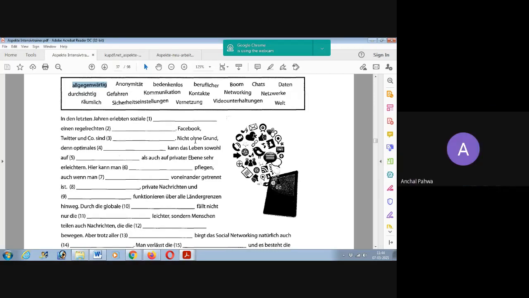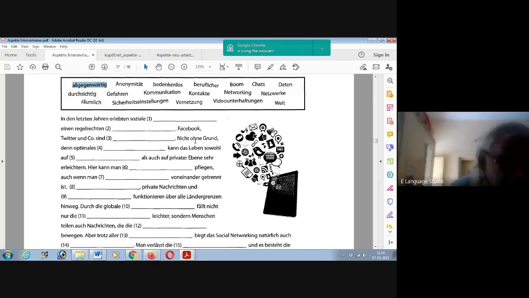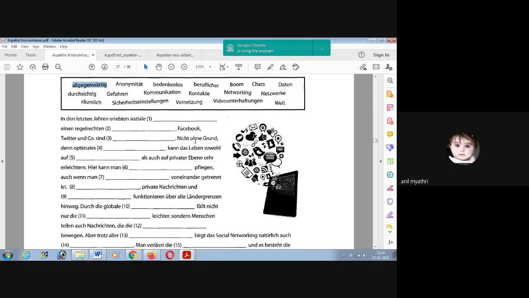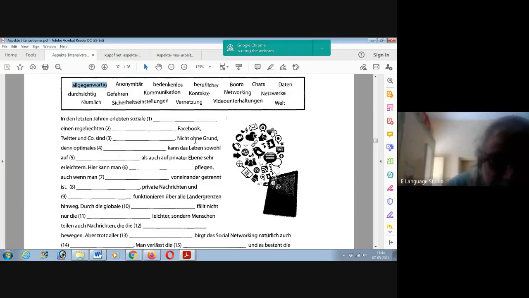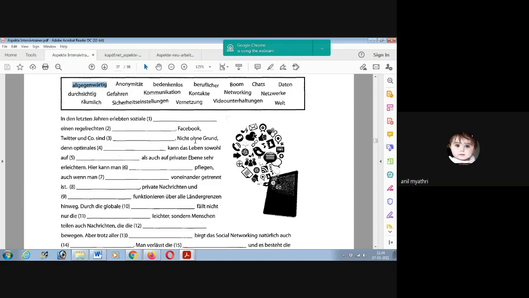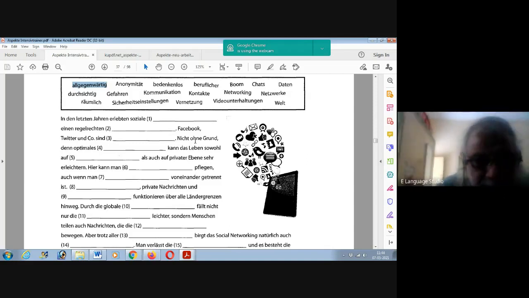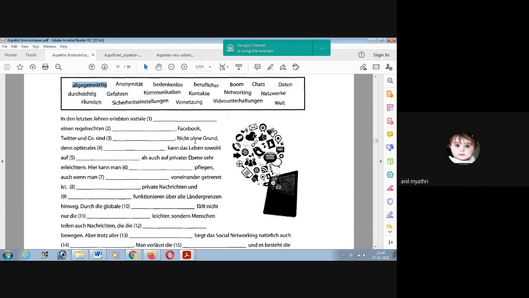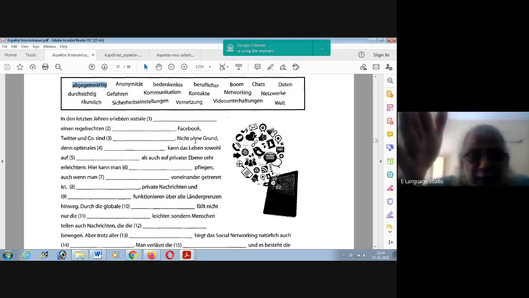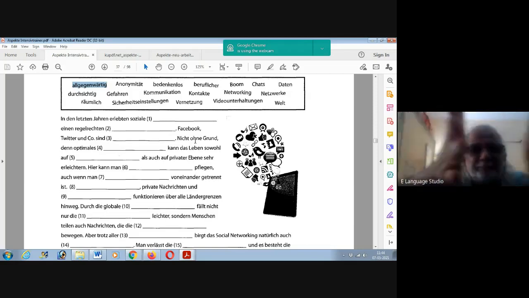If you put Kontakte, superb. So you can maintain contact or contacts. Hier kann man Kontakte pflegen, auch wenn man voneinander getrennt ist. Separated from each other.